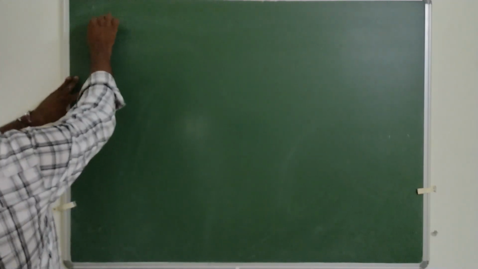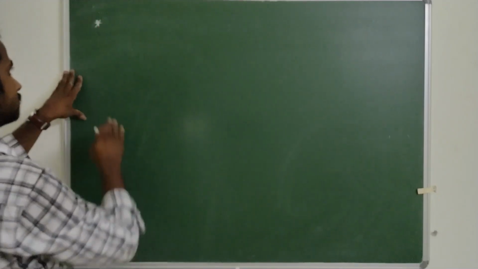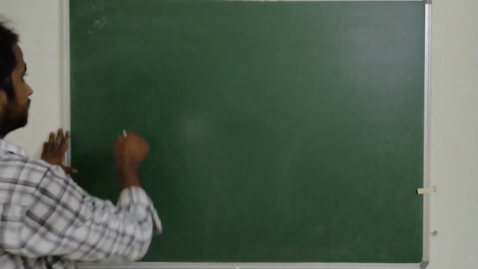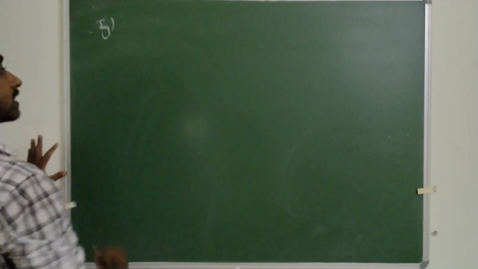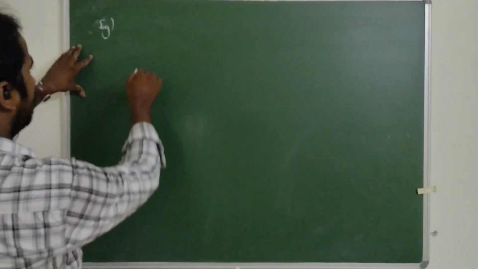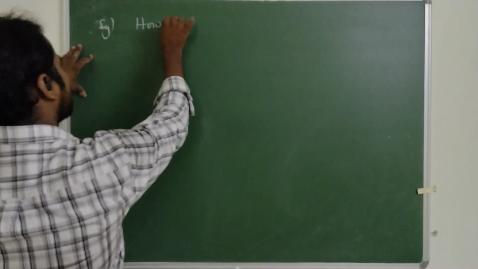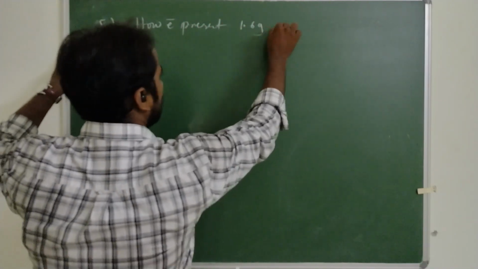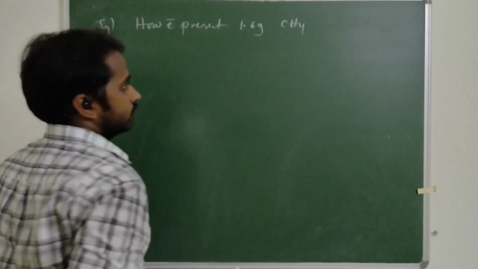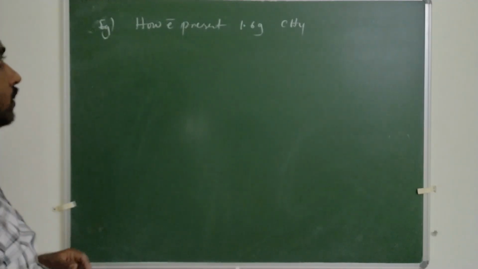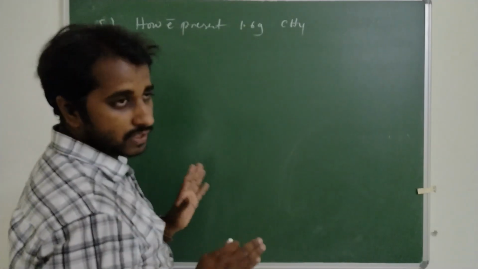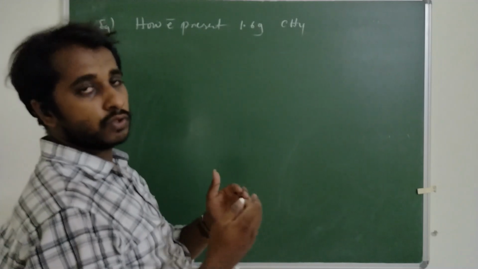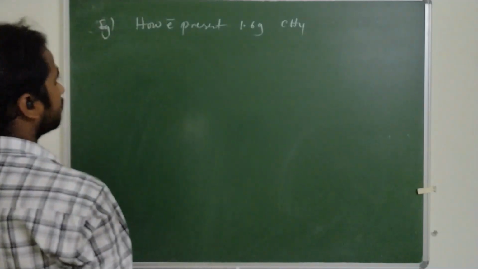One more example. It is actually a previous year question. How many electrons are present in 1.6 grams of CH4 or methane? First of all, whatever the given information, we convert it into moles and then to the required information.